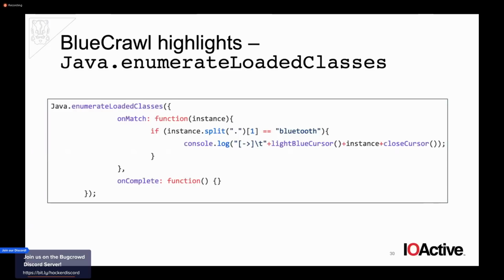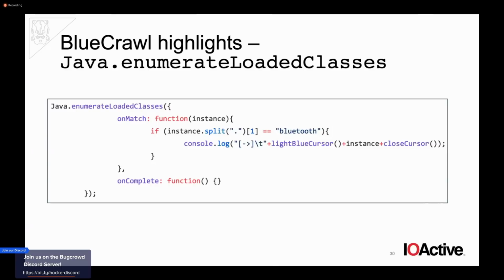enumerateLoadedClasses basically goes through and enumerates all of the classes that are currently loaded. In this instance, it will take a callback object, which is what is specified between the curly braces here and here. And that will have two functions defined, an onMatch function and an onComplete function. The onMatch function will be called for the name of each class that is found.